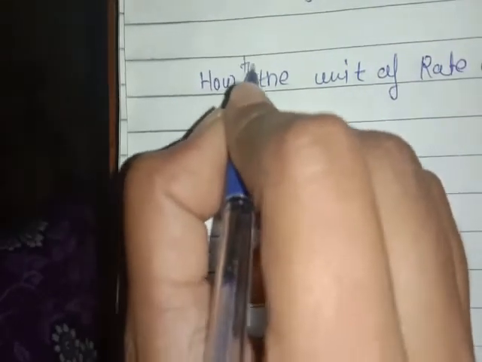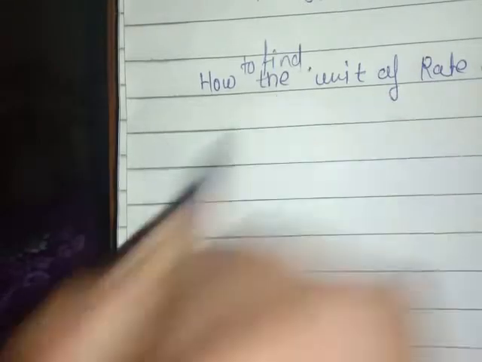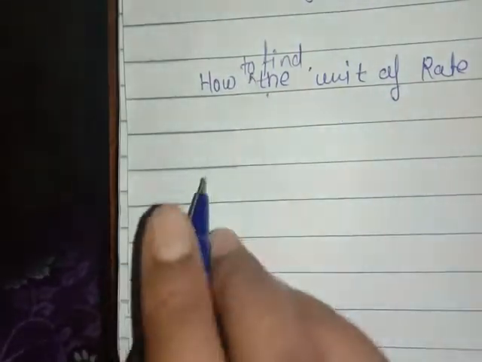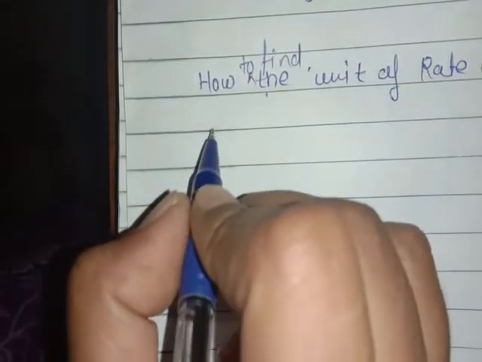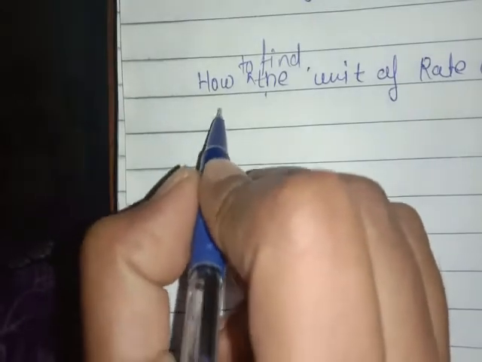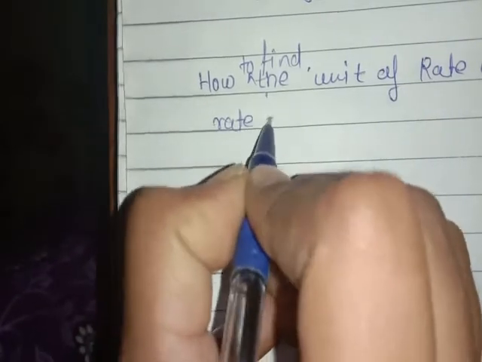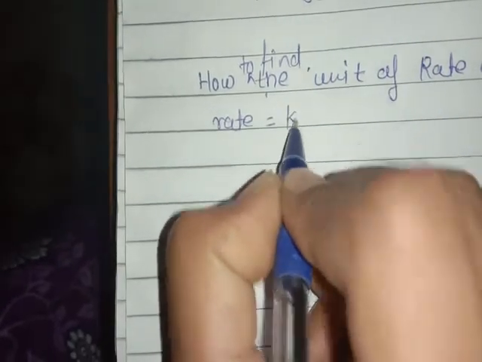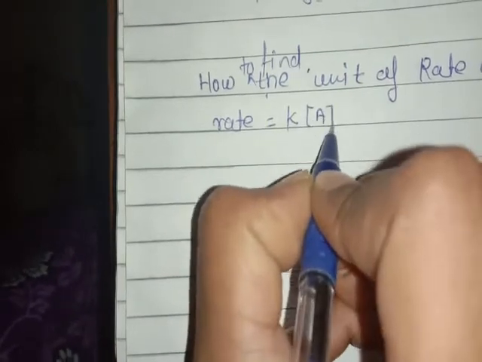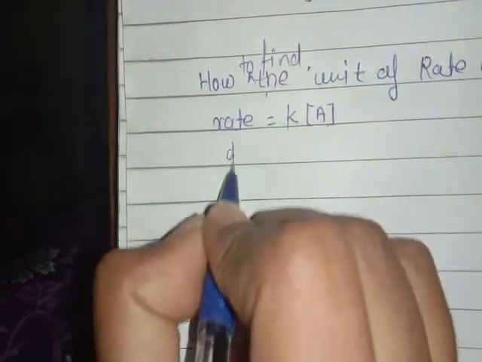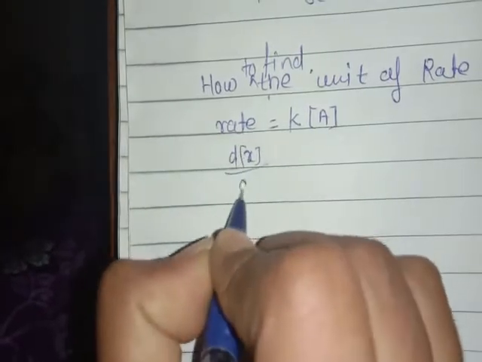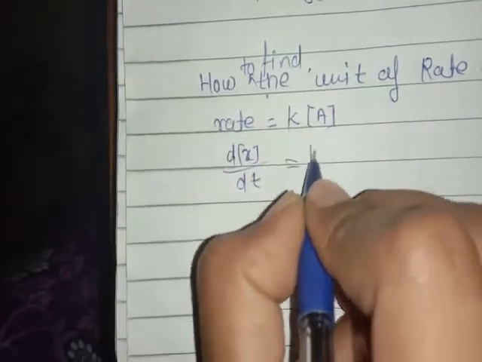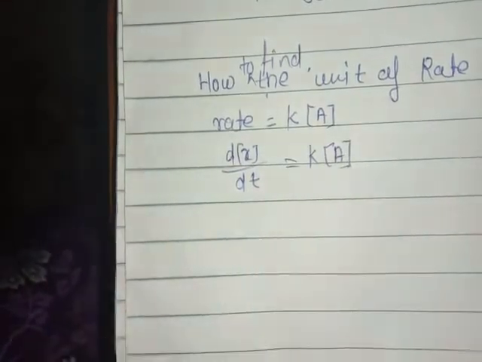So, rate is equal to K into concentration. Rate we can write as dx upon dt, which is equal to K into concentration of A.